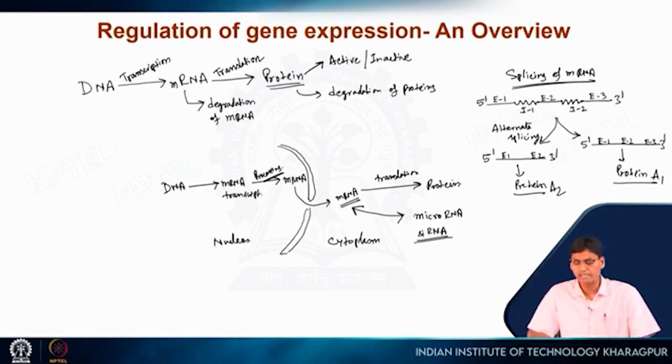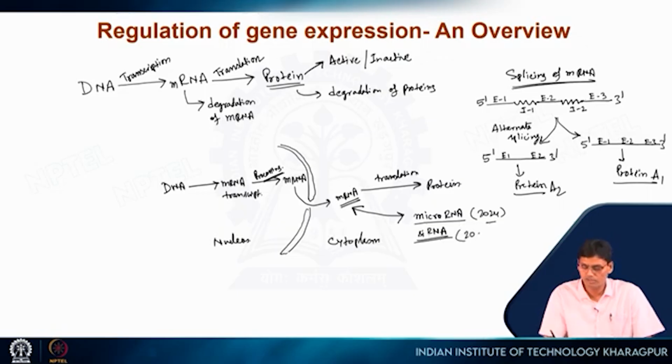So this is microRNA and siRNA. And very recently, for microRNA in 2024, Victor Ambros and Gary Ruvkun got the Nobel Prize in Physiology and Medicine for their work on microRNA. And similarly, in 2006, Andrew Fire and Craig Mello also received the Nobel Prize for their work on siRNA.